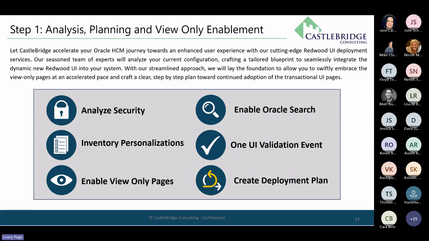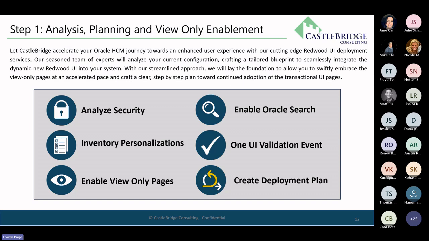So in step one of our package, we're doing several things. We're analyzing the security. As Floyd mentioned, there are certain security changes that are needed if you're using custom roles. We need to make sure those duties and privileges for employees, managers, or administrators are there so that the Redwood UI functions properly.